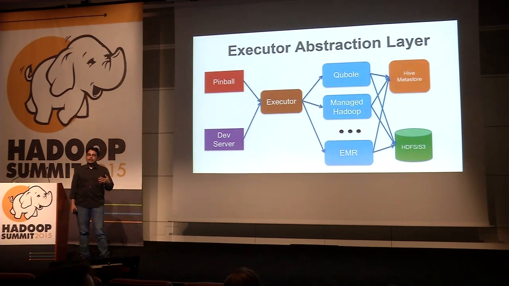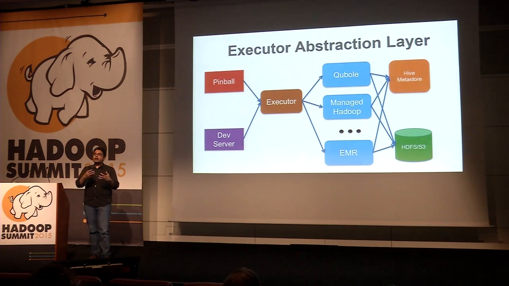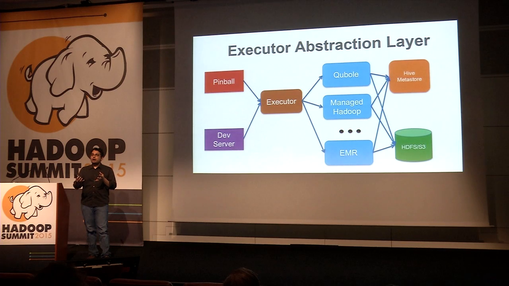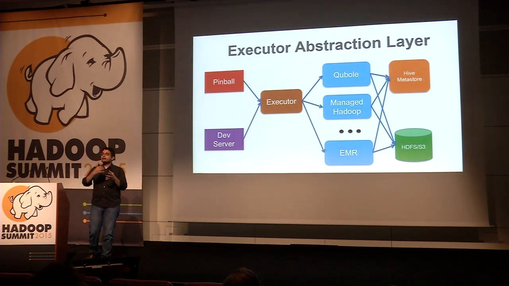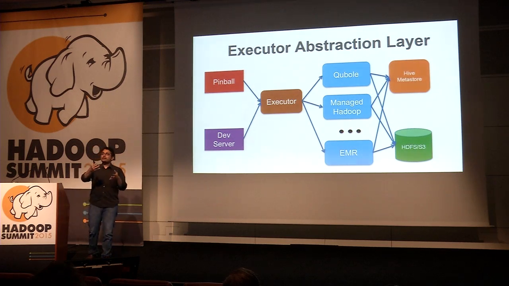It also had its own proprietary version of Hive. So as time progressed, we started seeing a lot more EMR functionality creeping into our application code. This meant that if we were to switch to a Hadoop service provider, it wouldn't be very easy.